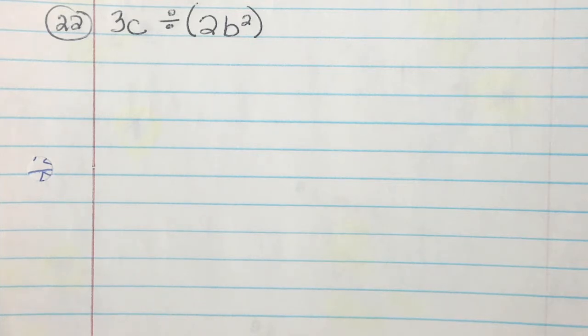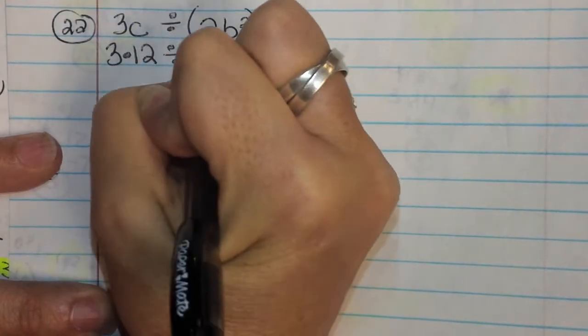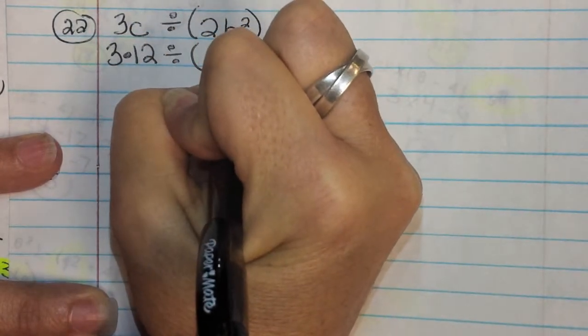Now, no one should be up unless you are first bell walking out the door. Now, starting out with this one. This one has a huge hint, if you would watch. c is 12, so it's really 3 times 12, divided by, and then there's parentheses.